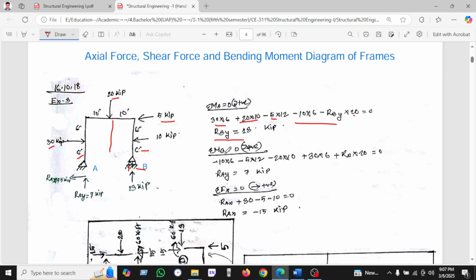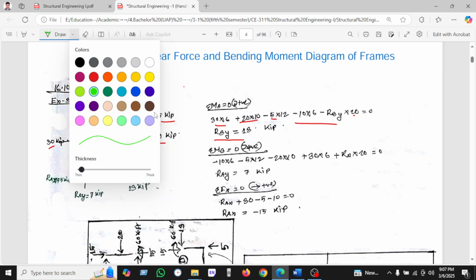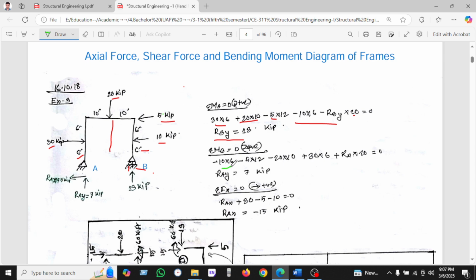Now we're taking the moment at point B. This is point B, we can see here. In this way, now we are calculating, at first, 10. I'm changing the color. This is 10 into minus 6. We're taking the force into perpendicular distance 6, and then the second one is 5 into distance 12, and then we have taken 20.